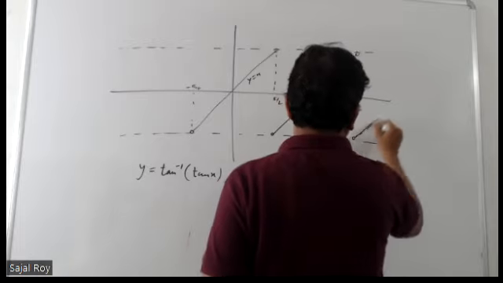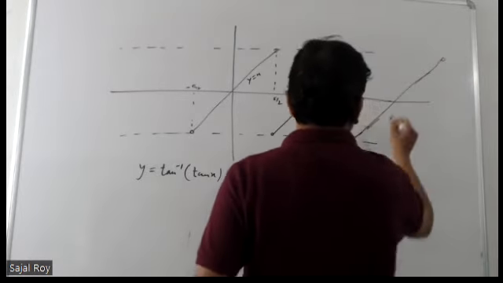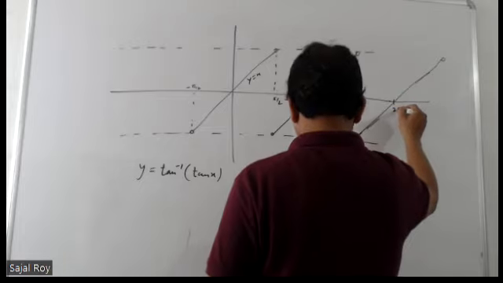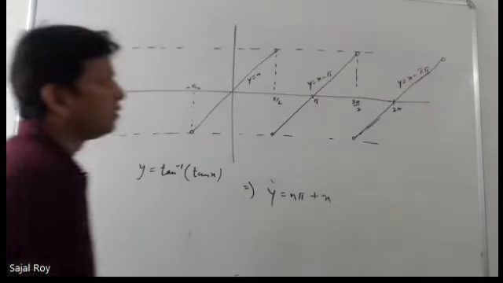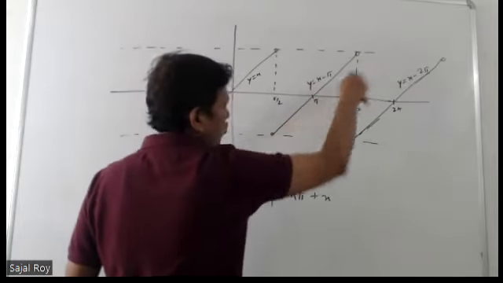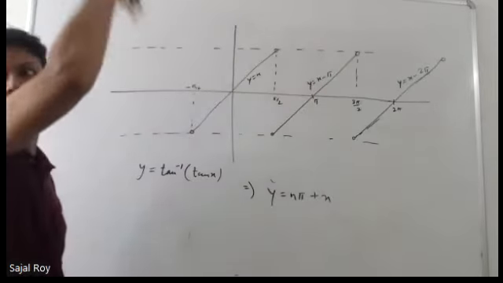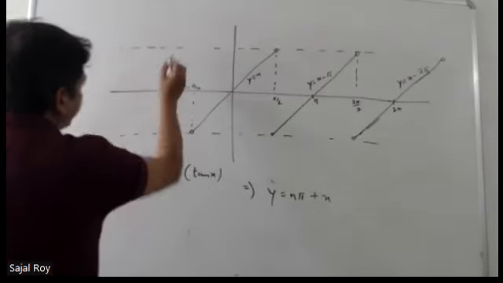And this is your 2 pi, so y equal to x minus 2 pi. Y equal to x, y equal to x minus pi, y equal to x minus 2 pi, y equal to x minus 3 pi, y equal to x minus 4 pi, and so on. And what about this portion?